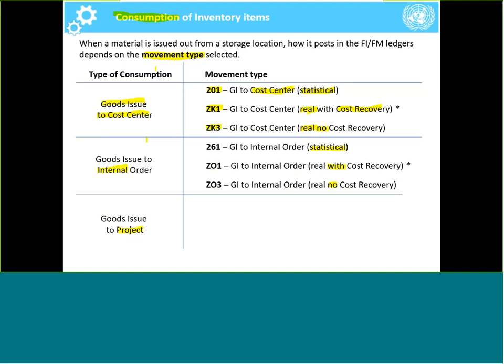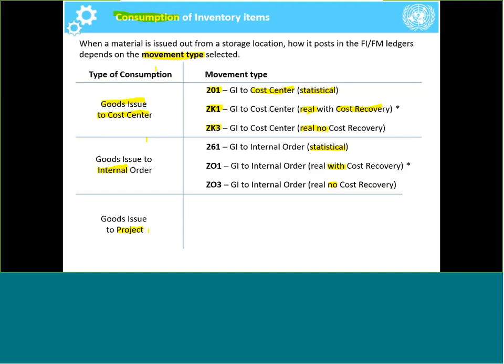Chris, if you want to say anything else about the AUCs: the idea is that all the issuances done in relation to that AUC can be tracked, because in the end the asset will have to be capitalized, so all the costs issued to build that asset under construction have to be monitored and reported in order to properly capitalize the asset. So AUC is an example of goods issued to a project.